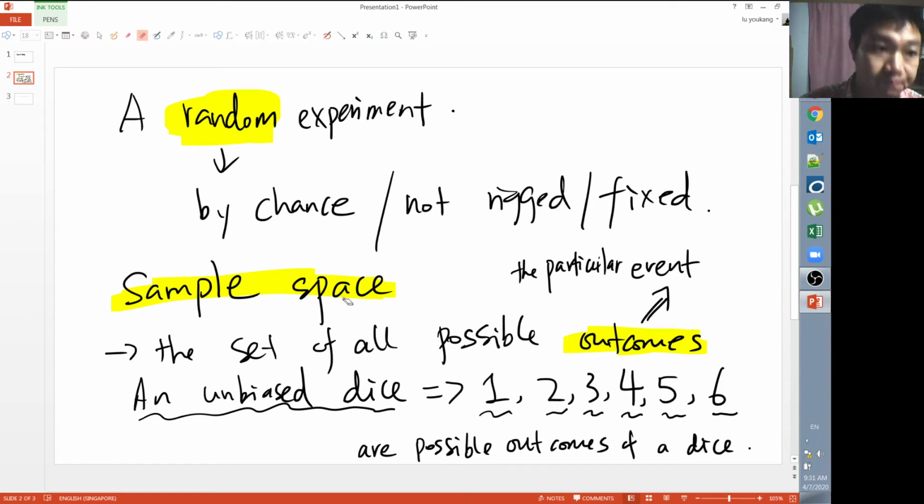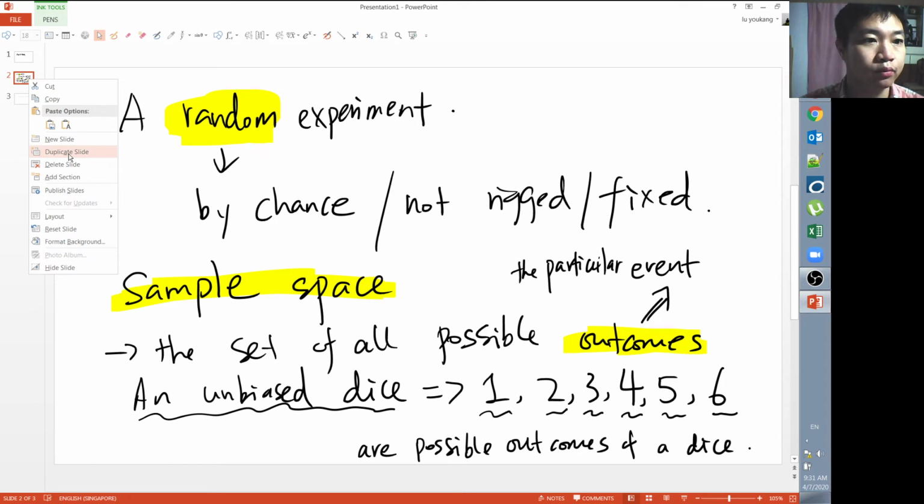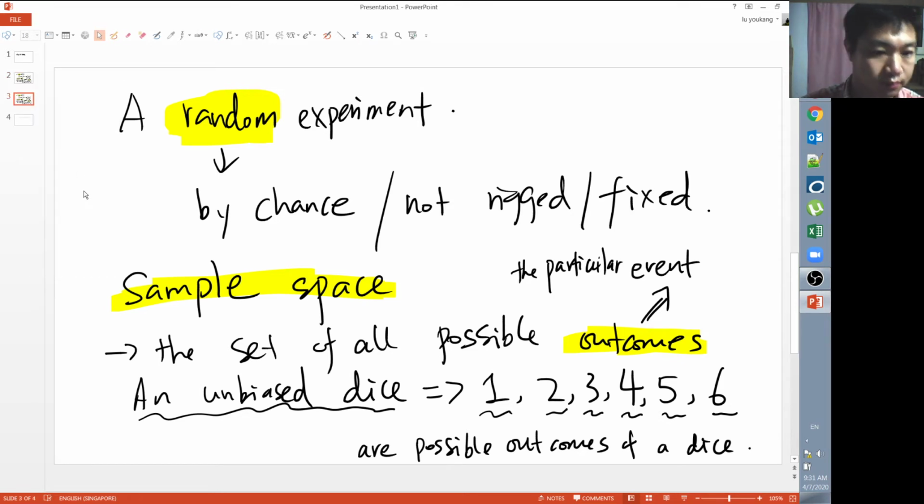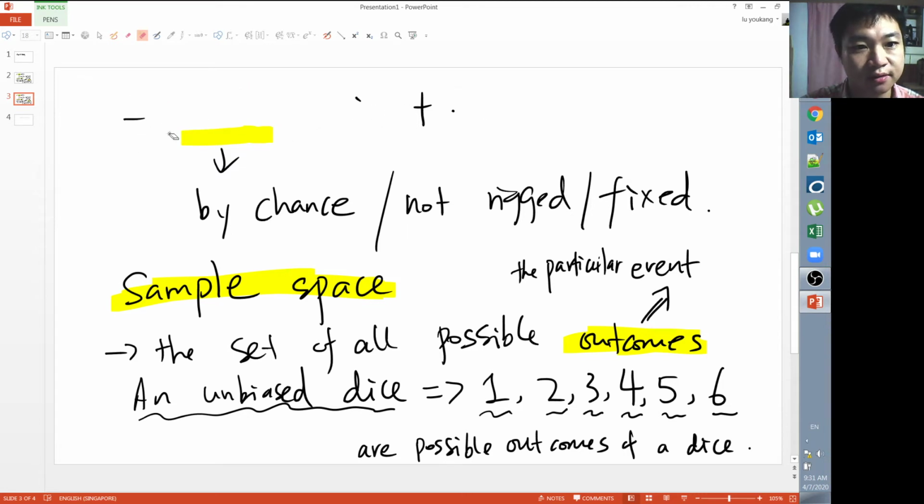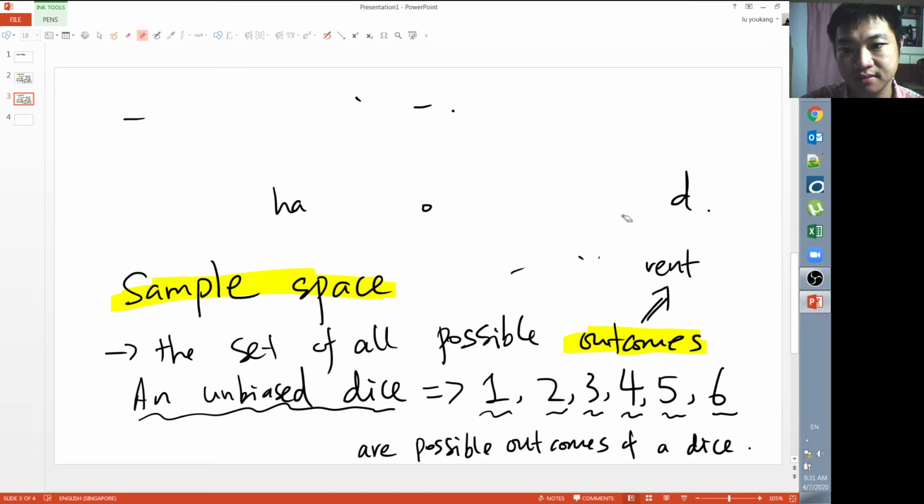Okay, so without further ado, let's make use of the example here, an unbiased dice. Before I continue, let me erase it.